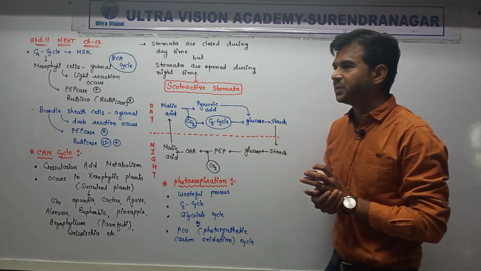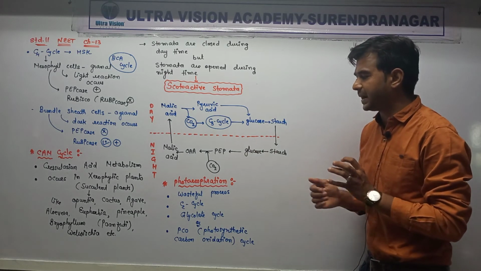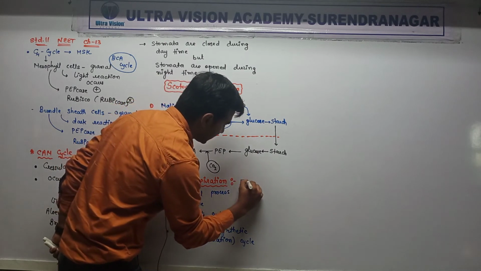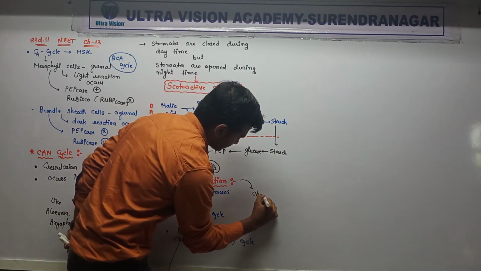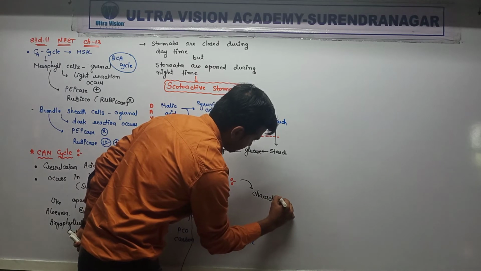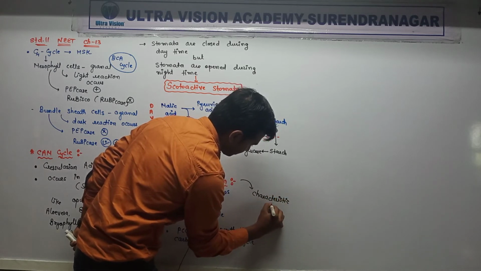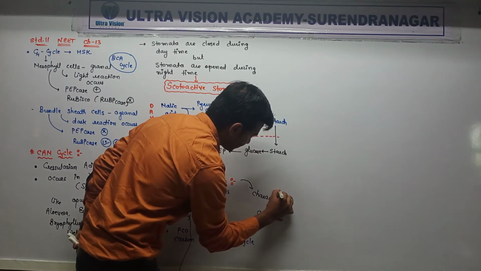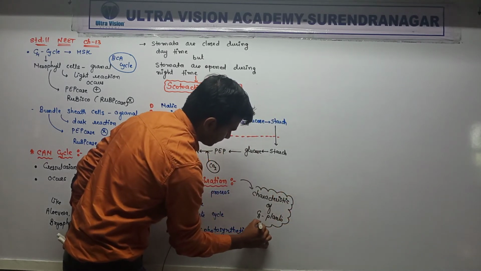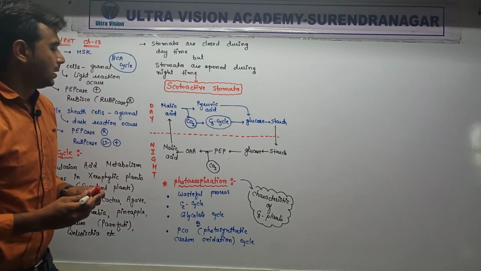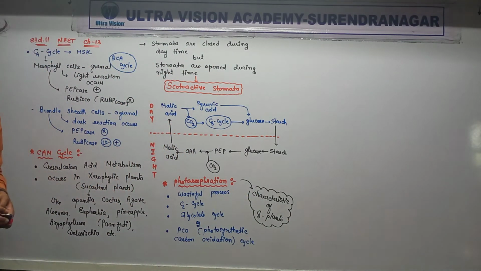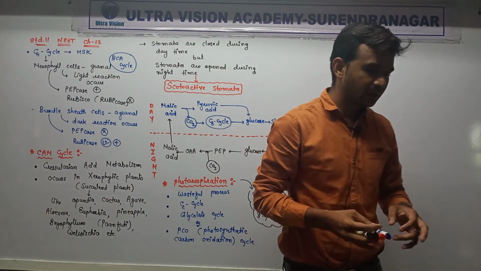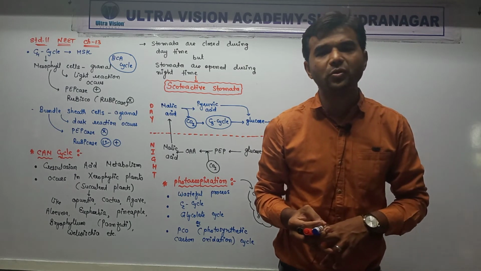So the photorespiration mechanism mostly occurs in the C3 plants. Photorespiration is characteristic of the C3 plants, not C4 plants, okay? Here the 3 organelles are used: chloroplast, peroxisome and mitochondria.